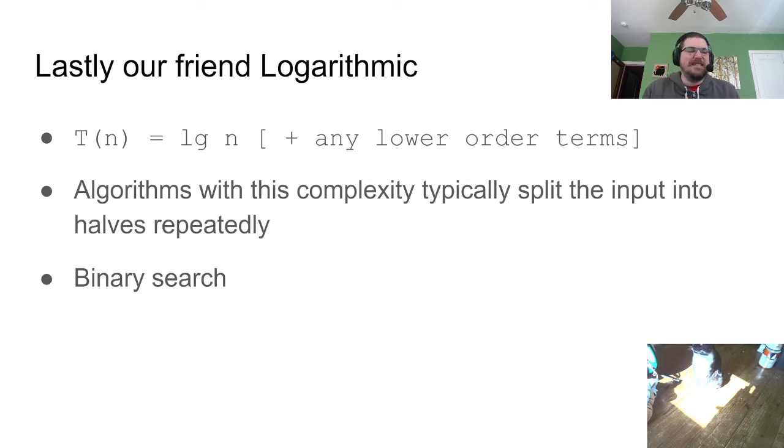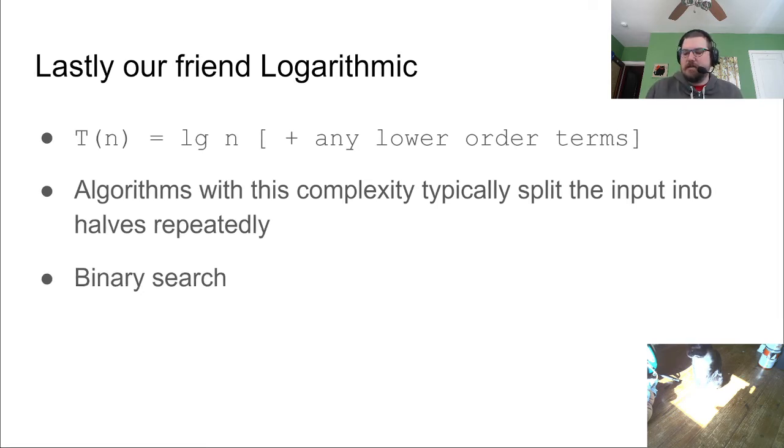Let's just do 86 divided by 6, which is about 14. Then I divide 14 by 6 and get about 2. Then I divide that by 6 and it's 0.3, right? So I divided by 6 three times before I got to 1 or less than 1. So that's the answer. That's what log means.